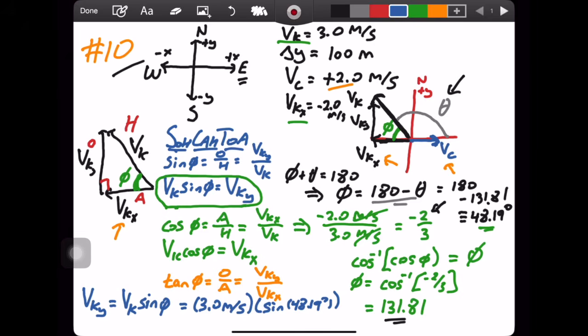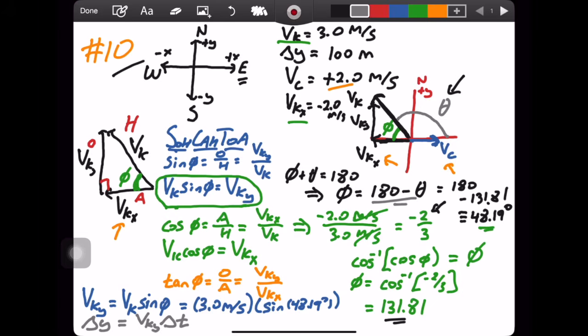So I'll write this out as delta y, in the y direction. This is going across the harbor, and we know that equals 100 meters. That is going to be equal to the steady velocity in the y direction. When we're talking about displacement in the y direction, we have to think about the velocity in the y direction, not the overall velocity of the kayaker, but velocity kayaker y, which we just solved for in the blue. And then you multiply that by delta t.